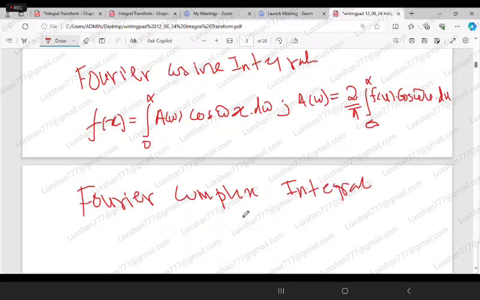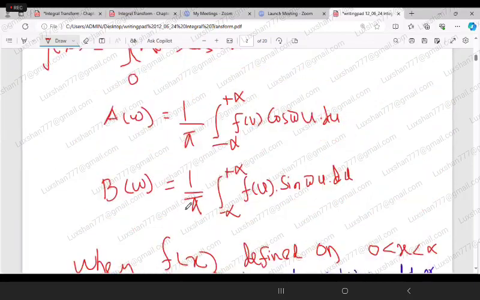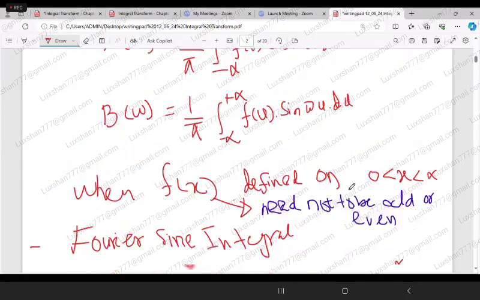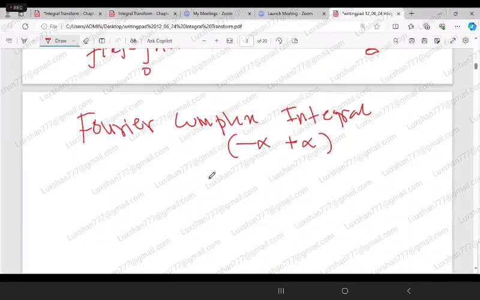Okay, so here also the range is minus infinity to plus infinity. Actually, we are writing the first one, the integral from 0 to infinity of A(omega) cos omega x plus B(omega) sine omega x d omega, in complex form. So that is why we are saying that this is the Fourier complex integral.